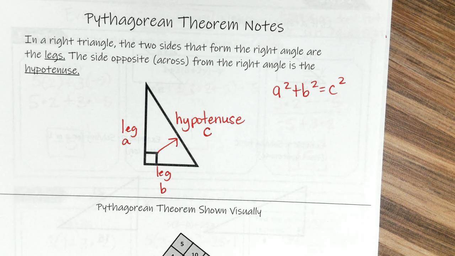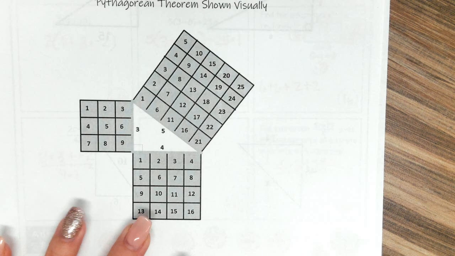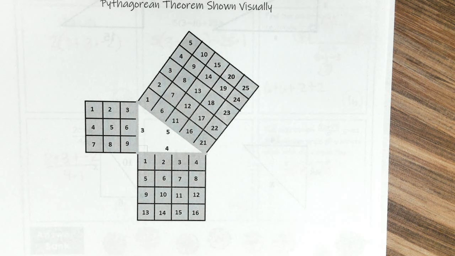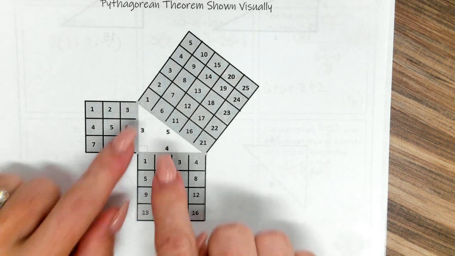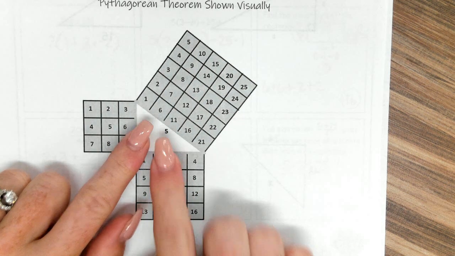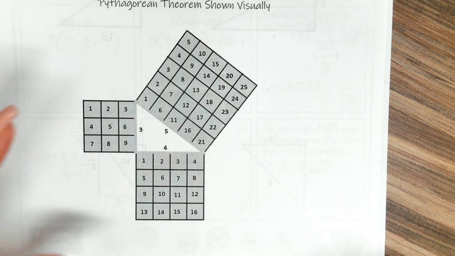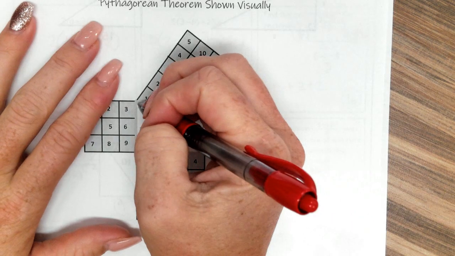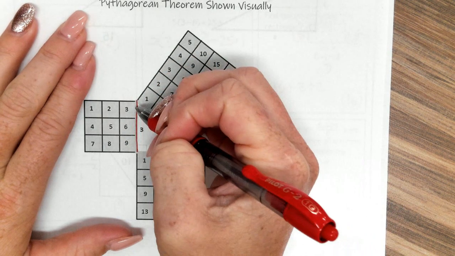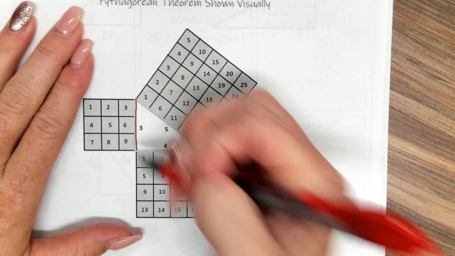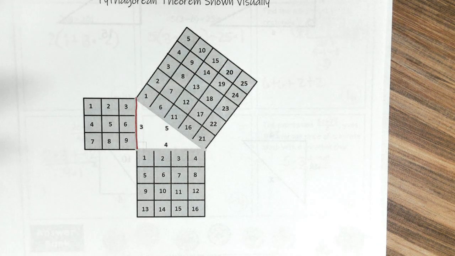Everybody good? All right, so let's look at the bottom because this demonstrates what he figured out. He was playing with these right triangles. And do y'all know that to get a square, you do side times side, and that gives you the area of a square, right? So if I have this side right here, and it's 3 units long, 1, 2, 3. What is 3 times 3?